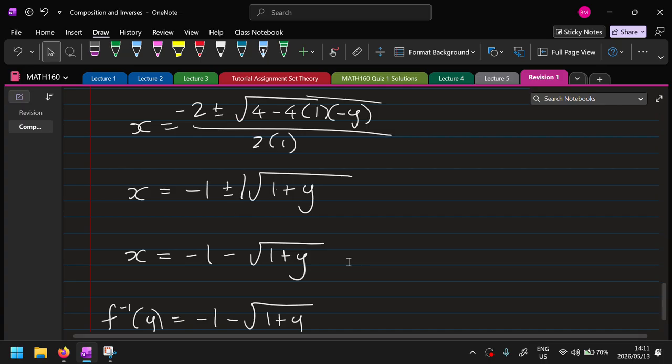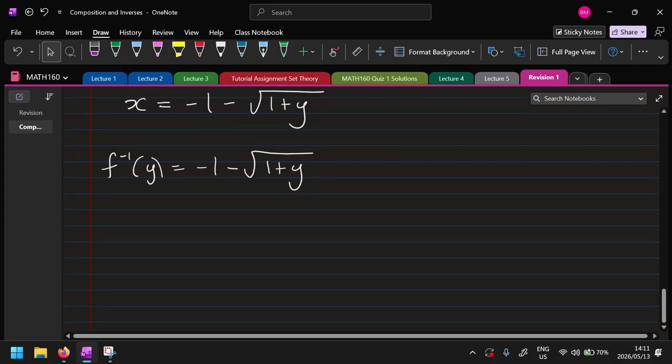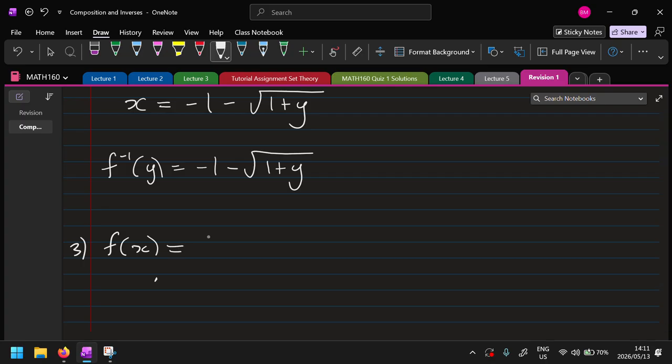Okay. Let's have a look at another one. Okay, so we got our function, got our domain. Again, I could ask you, what's the range? But here we just want the inverse. So let's do that.